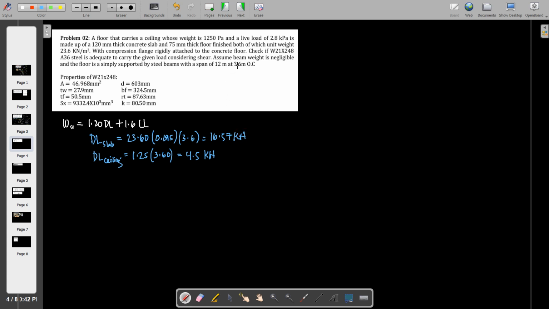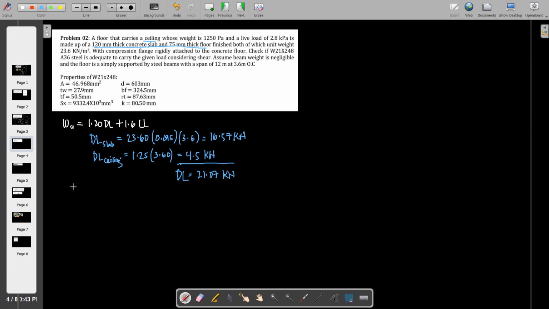So we are done with our ceiling, and then the thickness of the slab, and then the live load. Of course, we're gonna segregate your live load. So meantime, we total our dead load. We have 21.07 kilonewtons.